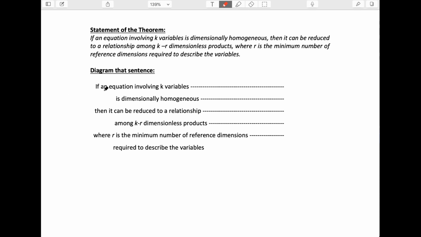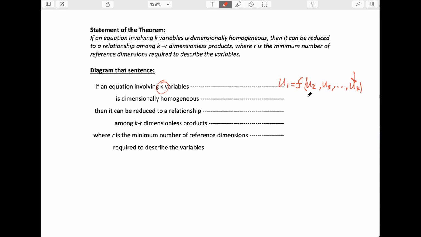If an equation involving k variables, so there's some equation that looks like u1 is a function of, say, some other variables u2, u3, so on and so forth, all the way to uk. K variables, that means 1 through k.